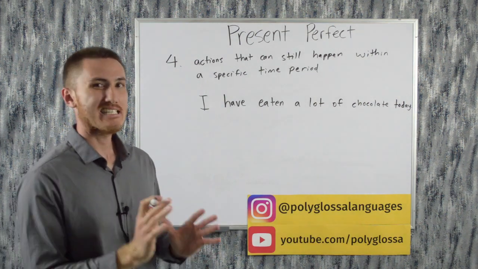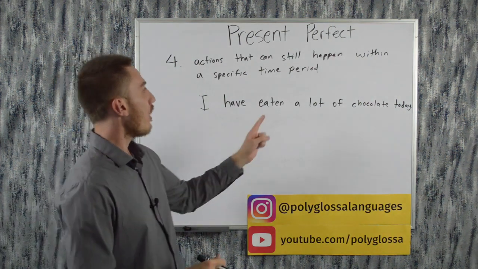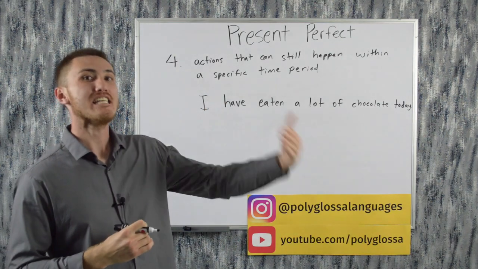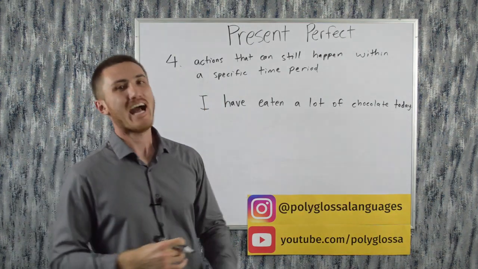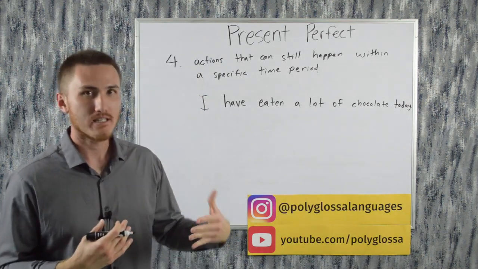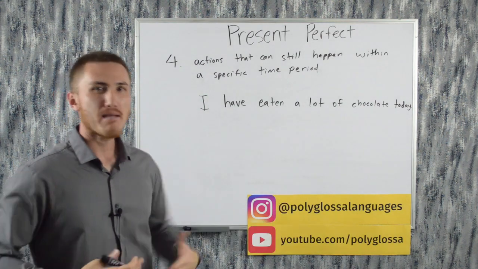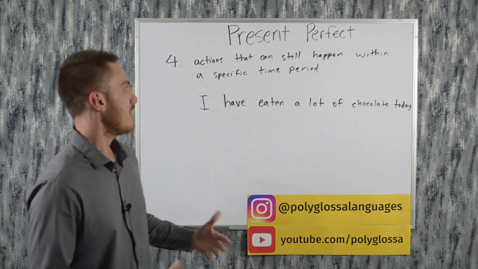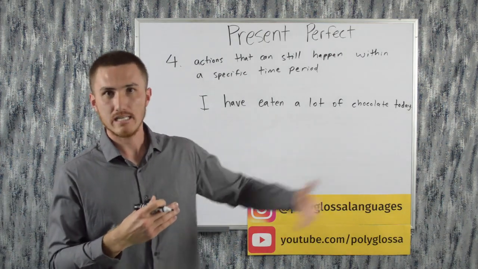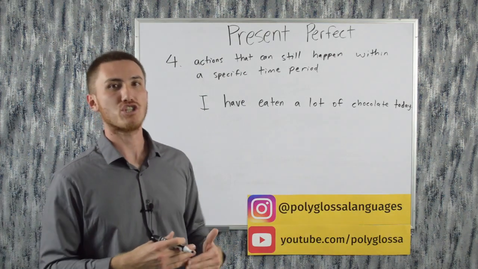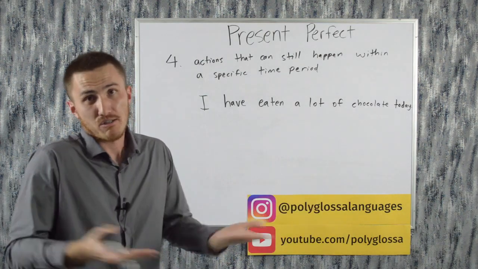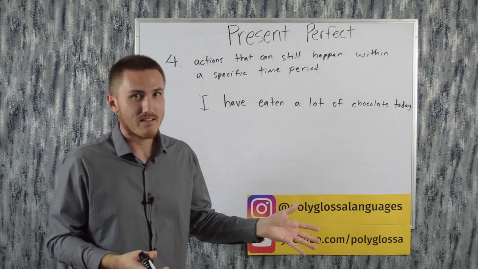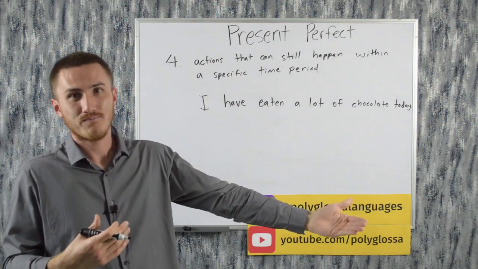If I say this sentence, this means that I already ate a lot of chocolate today, but I can still eat more chocolate today. I still have the opportunity to eat more today. Maybe it's only 3 p.m., for example, and I still have more hours in the day, more opportunities to eat chocolate. I have more chocolate, so I could eat more, right? So I could say, I have eaten a lot of chocolate today, and I could still eat more.